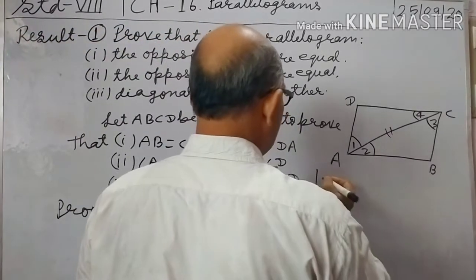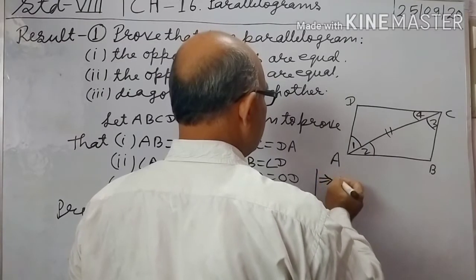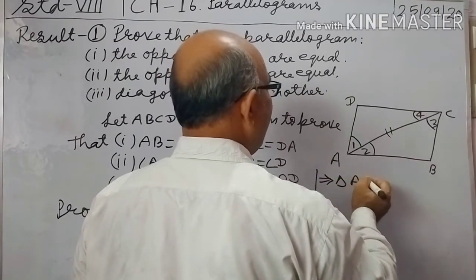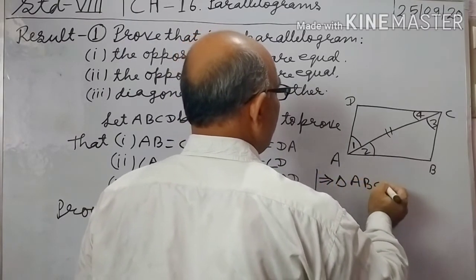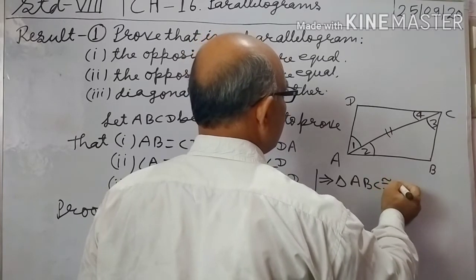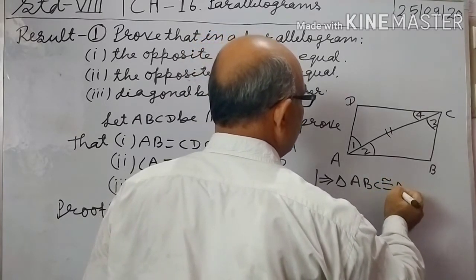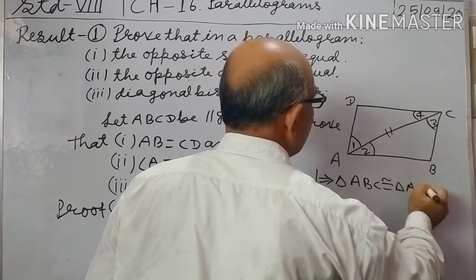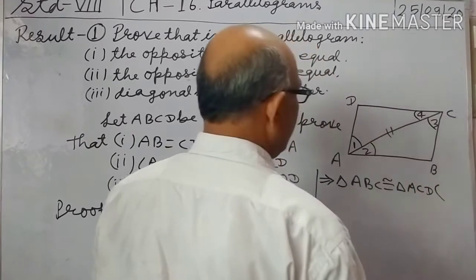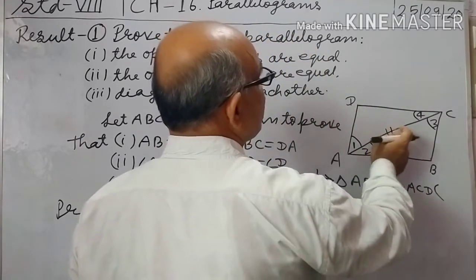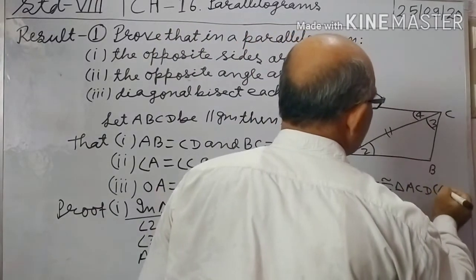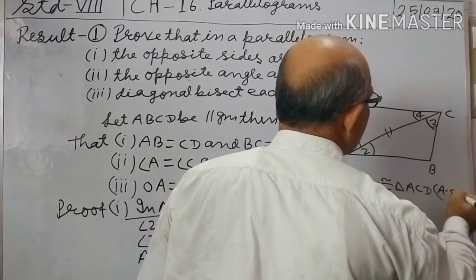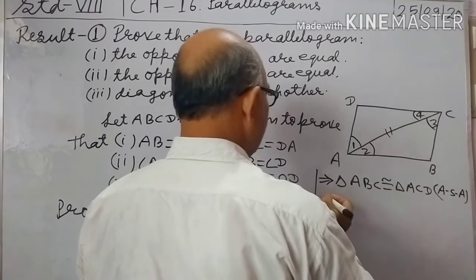Now that implies triangle ABC is congruent to triangle ACD by the condition angle side angle.